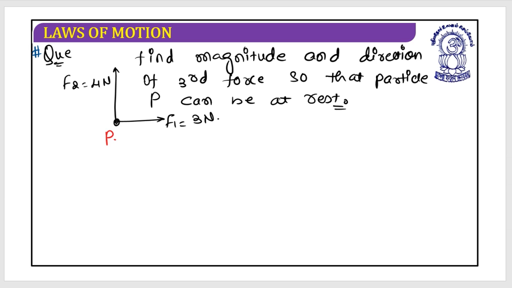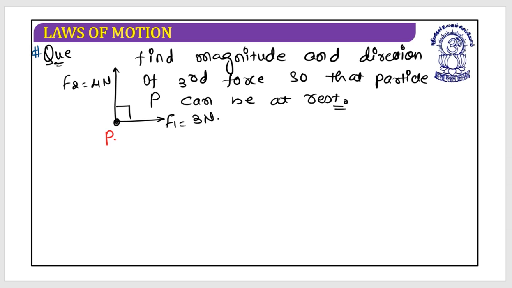What they say is that a particle is given, and on this particle two forces are being applied, and these two forces are perpendicular to each other. You need to find out the third force so that particle P can be at rest.